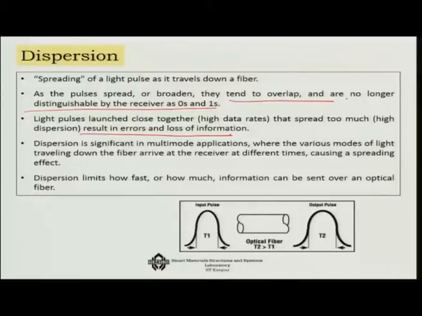Dispersion is actually significant in multi-mode applications, where the various modes of light traveling down the fiber arrive at the receiver at different times, causing a spreading effect. Dispersion limits how fast or how much information, the typical baud rate, can be sent over an optical fiber.